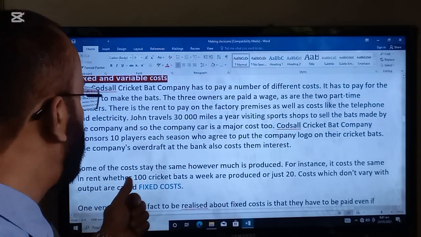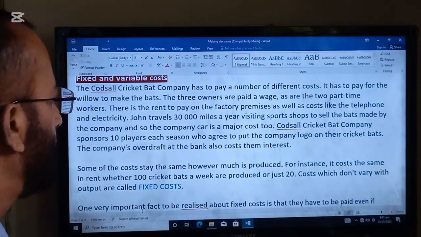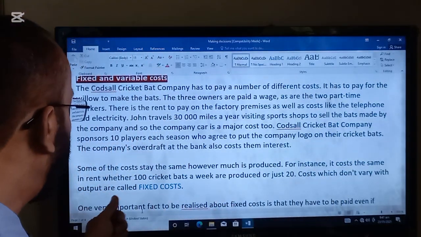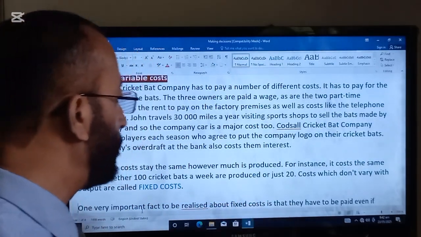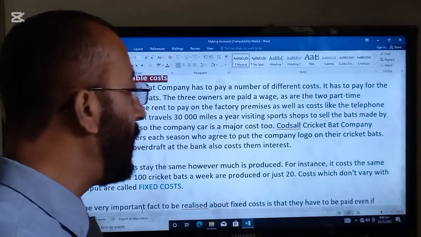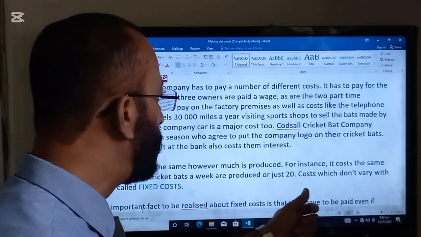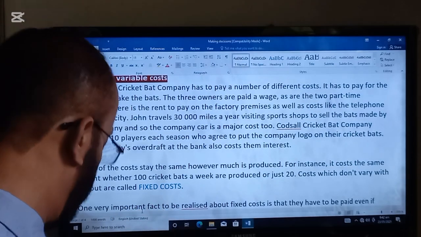Some of the costs stay the same however much is produced. For instance, it costs the same in rent whether 100 cricket bats a week are produced or just 20, because you have to pay the rent. Costs which do not vary with output are called fixed cost.